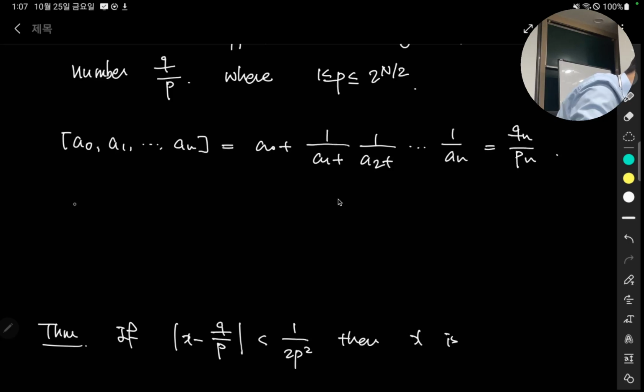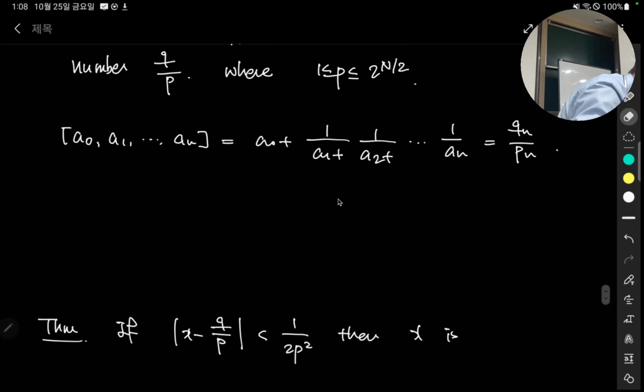And also, if we get more and more numbers in the sequence, then we get a more and more accurate value that we converge to. So let's say each of these Qn over Pn, given as a continuous fraction, converges to some number x.